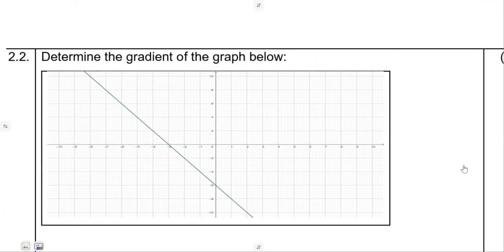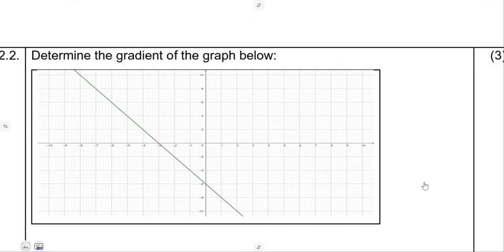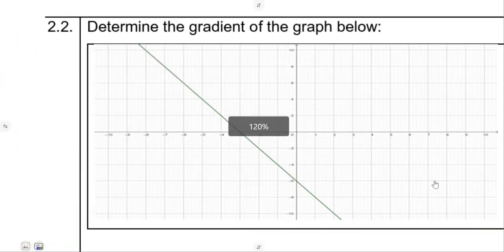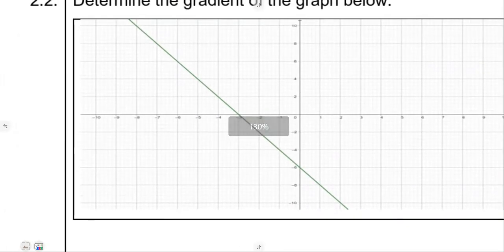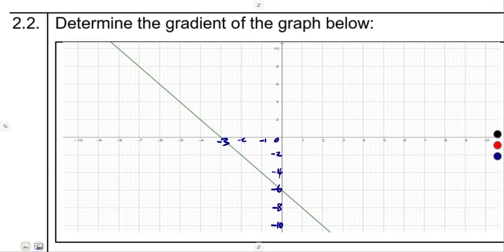Then 2.2, determine the gradient of the graph below, 3 marks. All right, so there is a graph which is being drawn here. And on this graph, that's -1, -2, -3. That's -2, -4, -6, -8, -10. All right, so that's it. So we can determine the gradient of this graph, as we do understand the gradient is the change in y over the change in x.